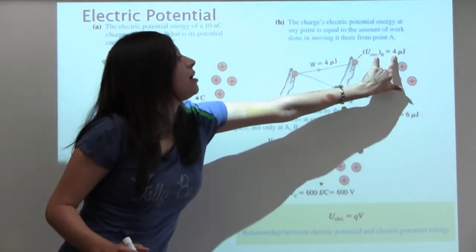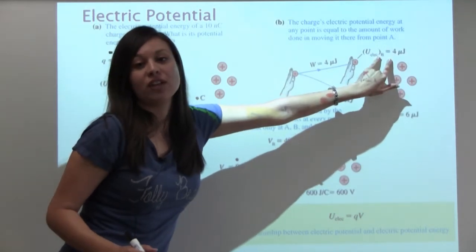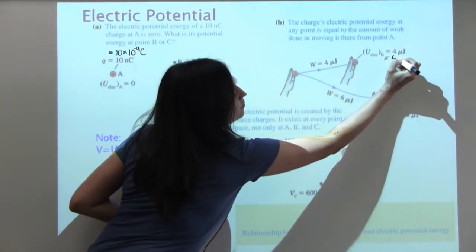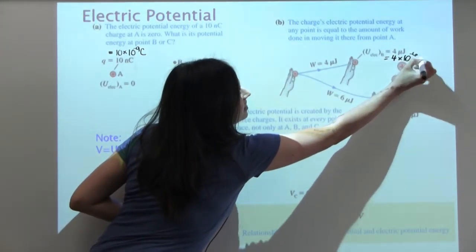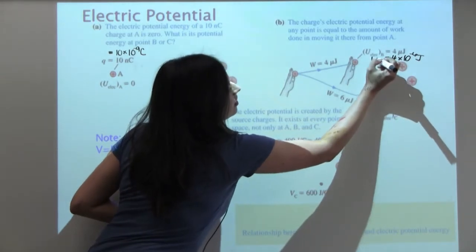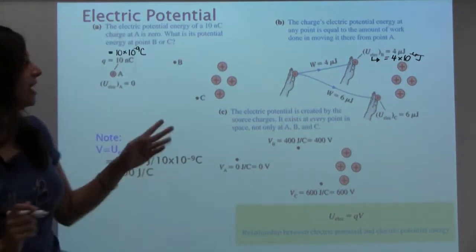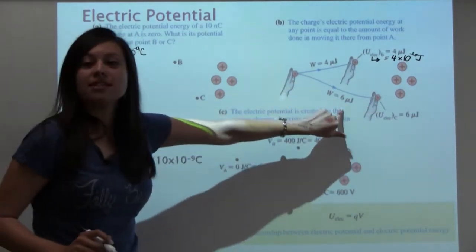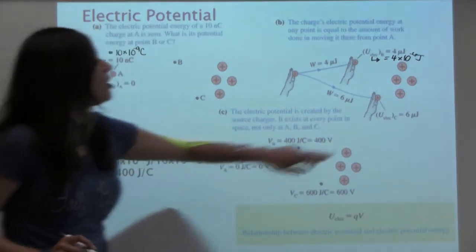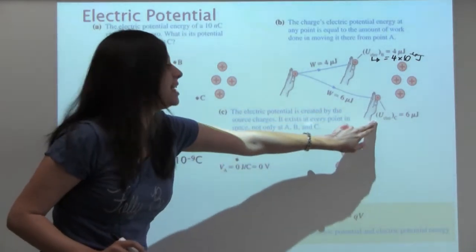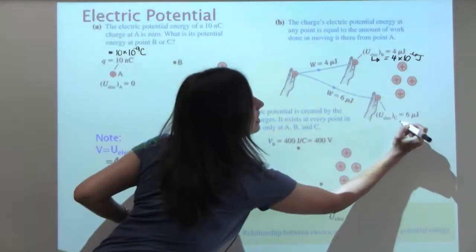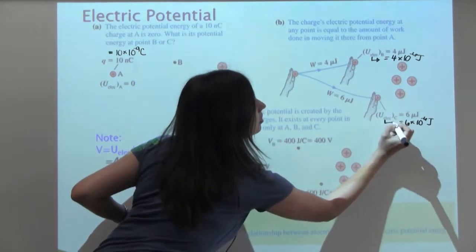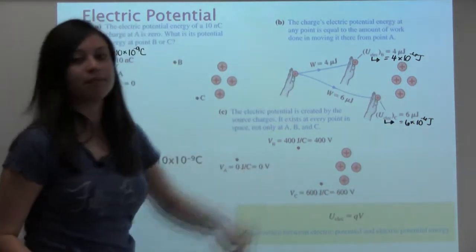Therefore, we have 4 microjoules of electric potential energy, which is 4 times 10 to the negative 6th joules. The same goes for the next one. We're going from A to C. There were 6 microjoules of work performed. Therefore, there's 6 microjoules of electric potential energy, or 6 times 10 to the negative 6th joules of energy to move to point C.